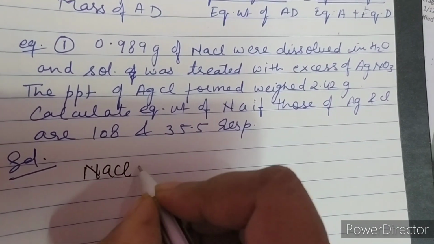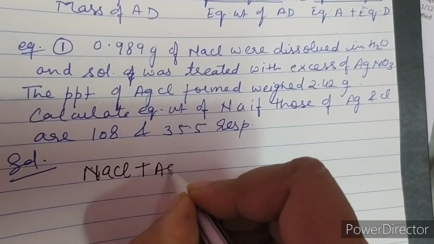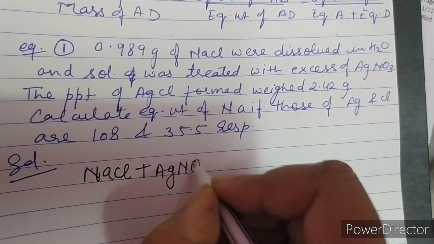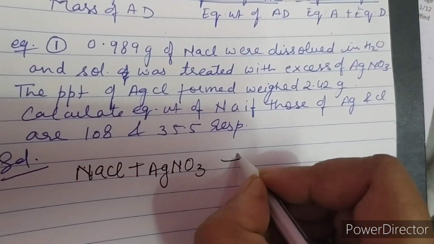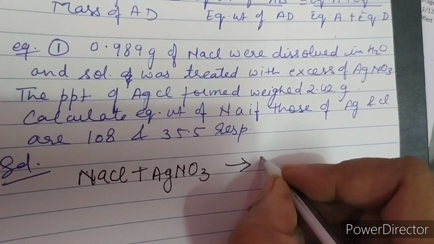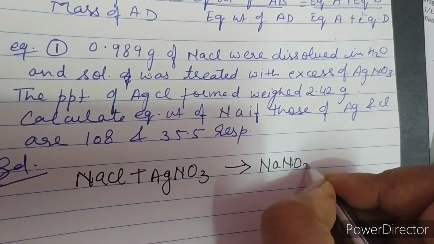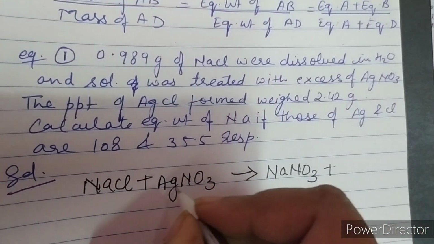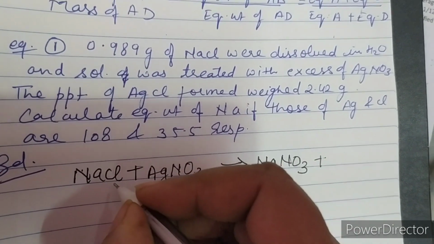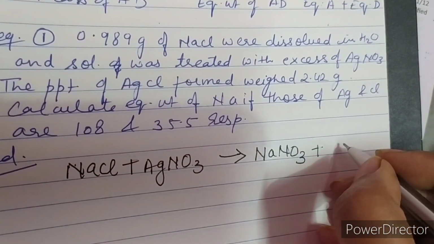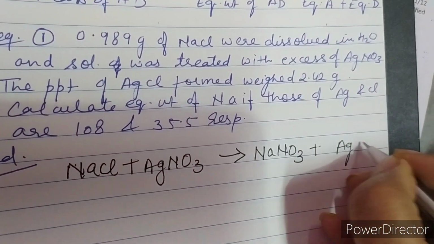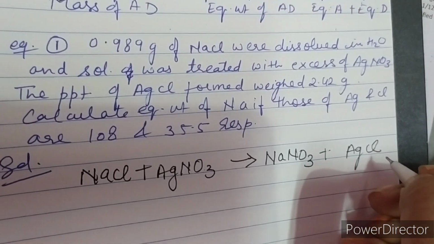NaCl is treated with an aqueous solution of silver nitrate, that is AgNO3, and it is a simple double displacement reaction. So Na will combine with the anion of the other compound to give NaNO3, plus the cation of the other compound reacts with the anion of the former compound, that is AgCl. So you'll get the precipitate of AgCl.